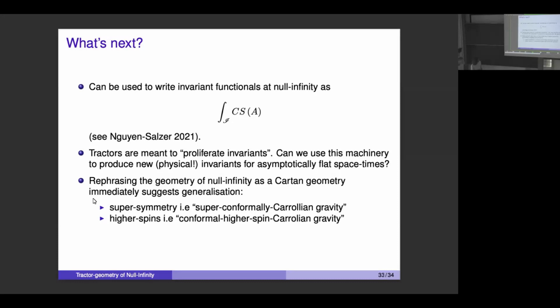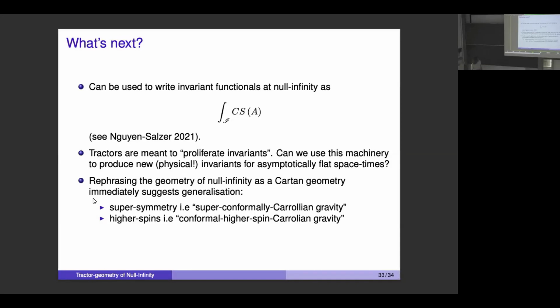And then perhaps more interestingly, the whole philosophy that we've heard this week is that the whole point of tractors is that they are meant to proliferate invariants, produce things that you would not have guessed. So I think the pressing question is, can we use all this machinery to produce new invariants for asymptotically flat spacetimes? And of course, these will be physical, because asymptotically flat spacetime has a very clean physical interpretation.